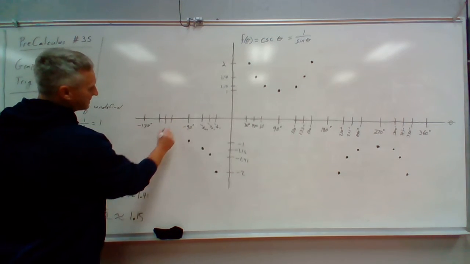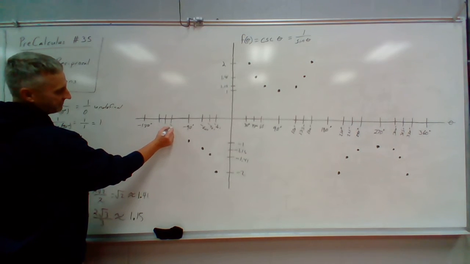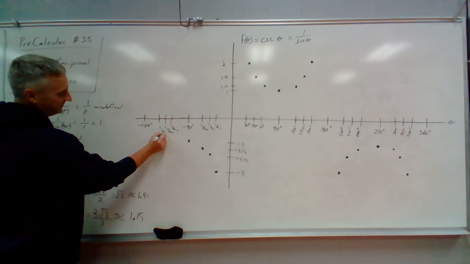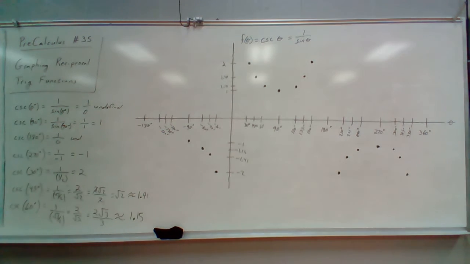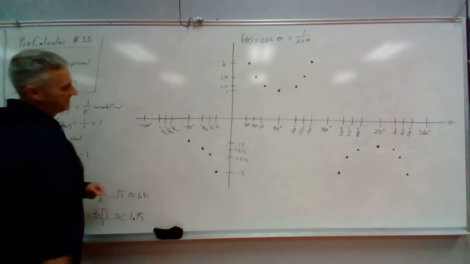We can figure out what these 3 points are. Okay, this would be negative 120 degrees, negative 135 degrees, negative 150 degrees. Negative 120 matches with negative 60.